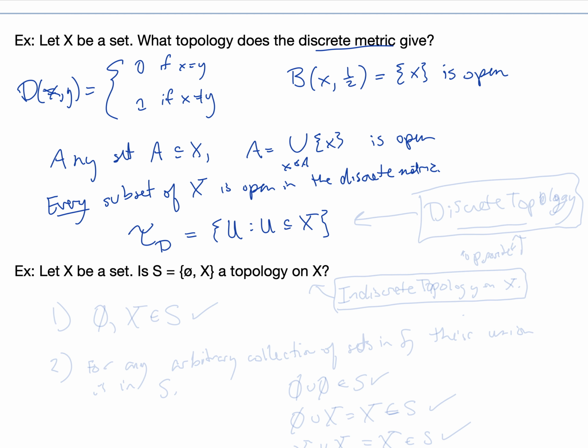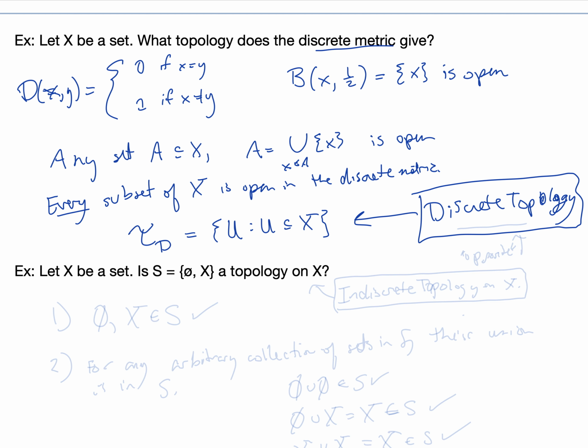Now, as you might guess, that's what it's called, the discrete topology, consisting of all subsets of x. We will certainly use this for examples and counterexamples as we continue forward.